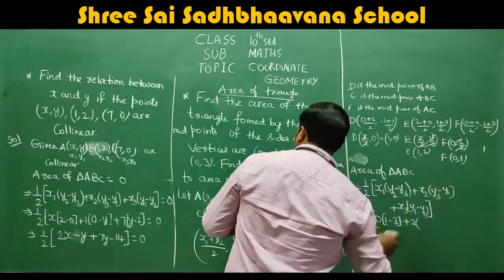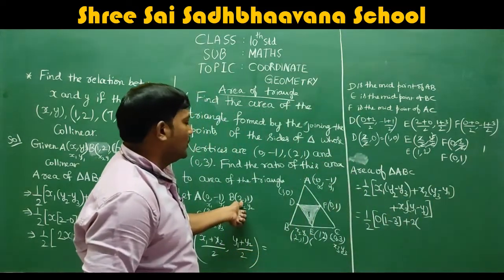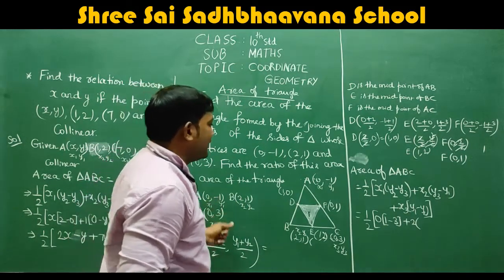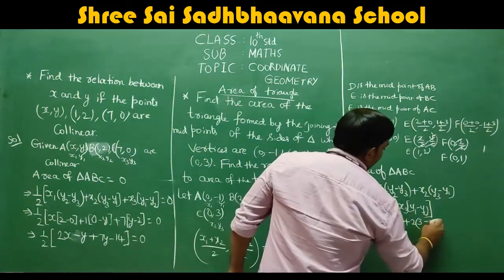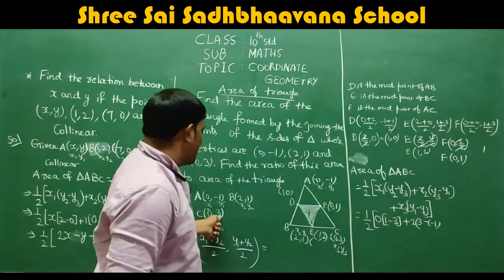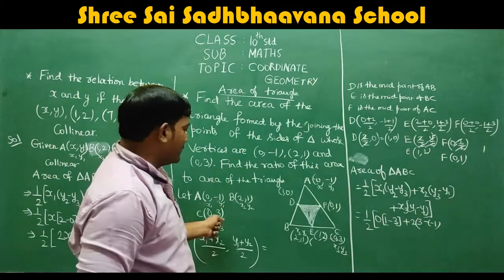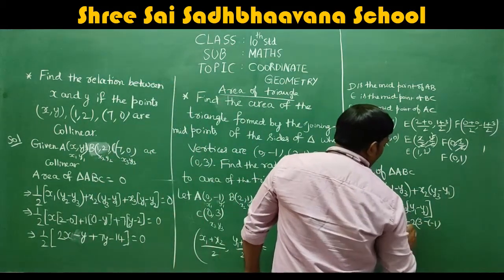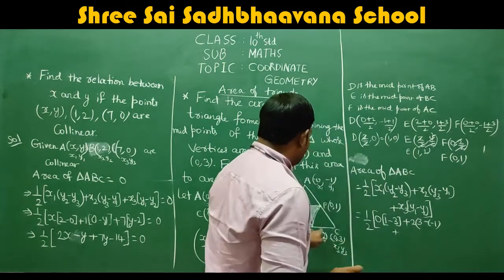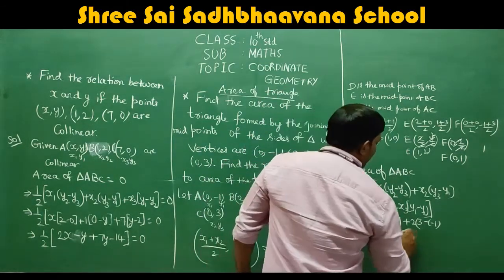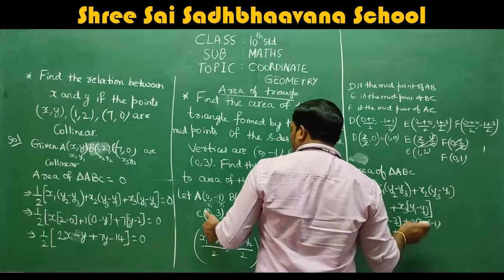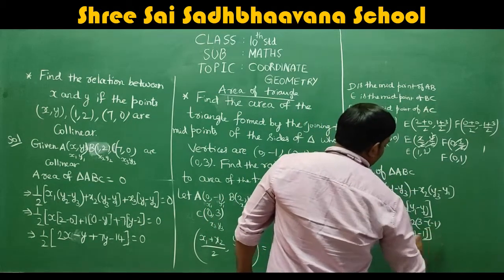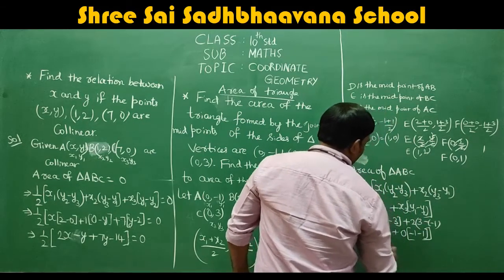So 2 into (y3 minus y1), which is 3 minus of minus 1. Correct? So in the middle we have the minus sign. Plus, x3 is again 0. Correct? 0 into (y1 minus y2), which is minus 1 minus 1. So this is the substitution.